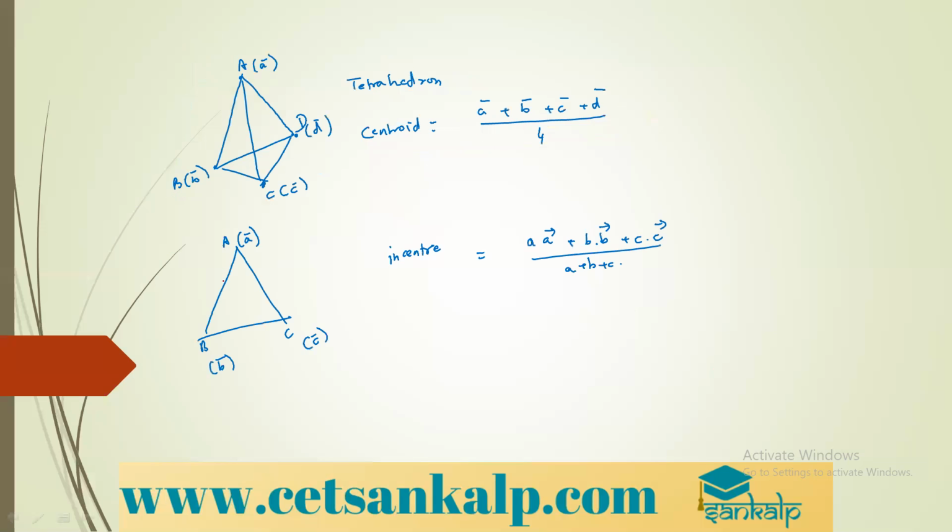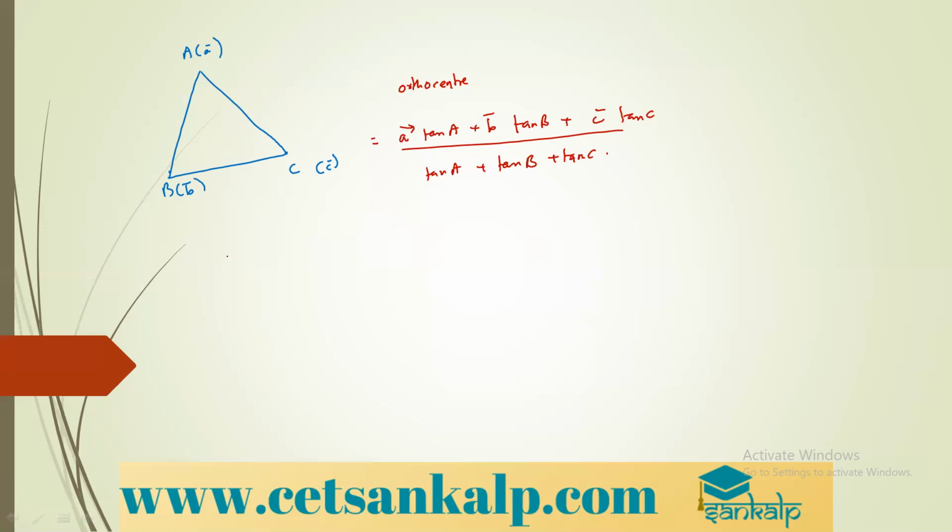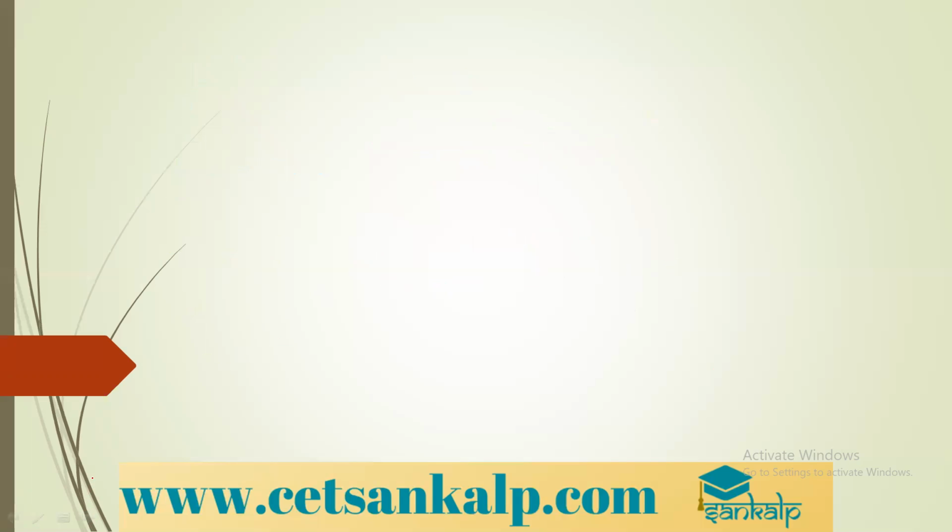Next is, if A and B are non-collinear vectors, then linear combination of vectors A and B is x into vector A plus y into vector B. This is how you write linear combination.